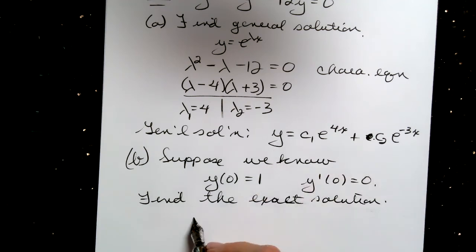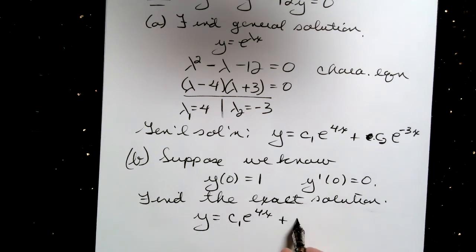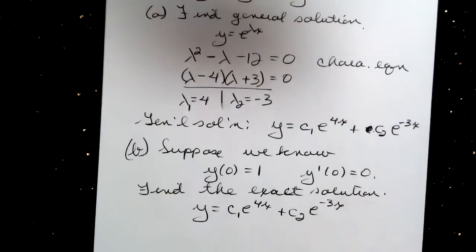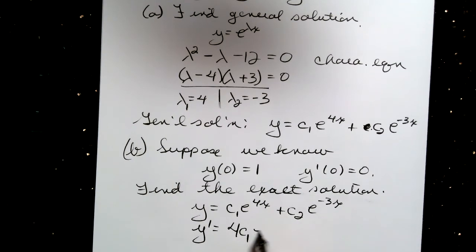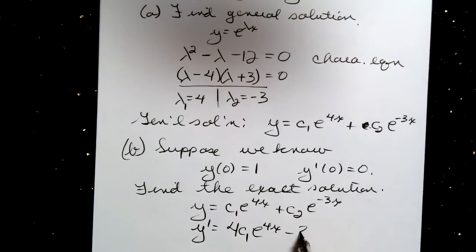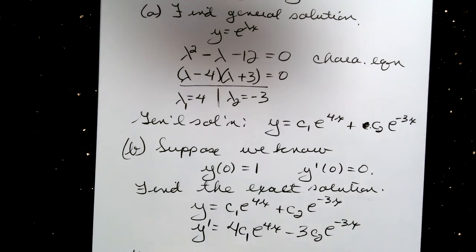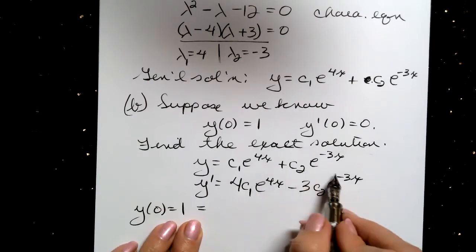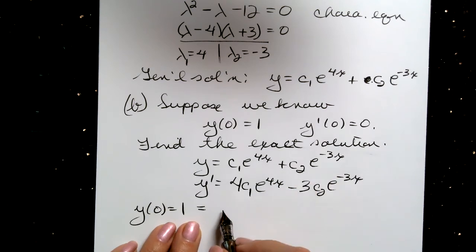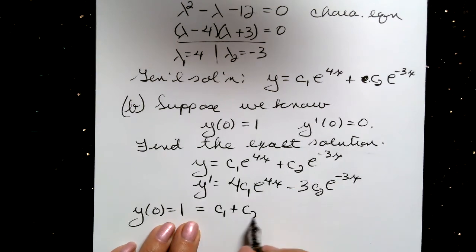So this is y that we just found, and we're going to need y prime so we can evaluate it. So y prime is going to be 4c1 e to the 4x minus 3c2 e to the minus 3x. And now we know y of 0 equals 1. But on the other hand, y of 0 from this formula is going to be c1 plus c2.